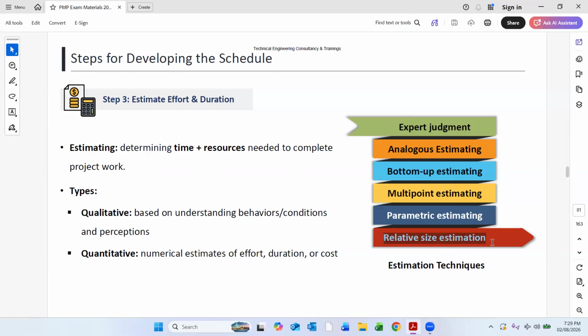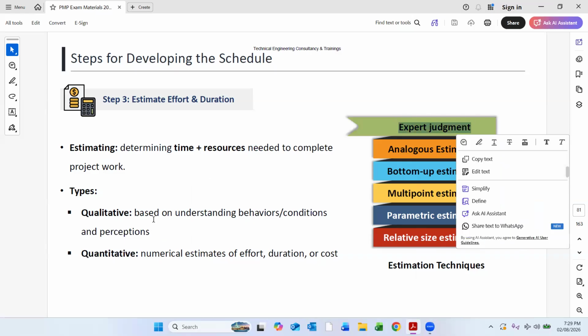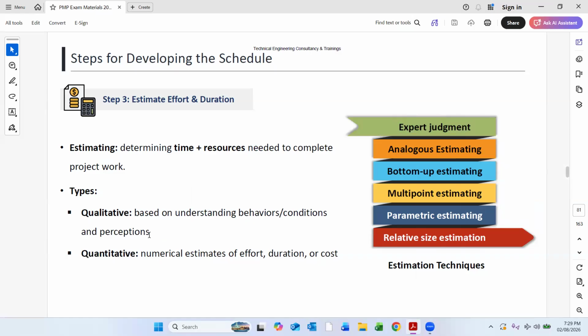Relative size estimation is also part of quantitative analysis. But expert judgment is part of qualitative analysis, because we understand the behavior, condition, and perceptions from the expert. So these are the estimation techniques: four are quantitative, and expert judgment is qualitative.